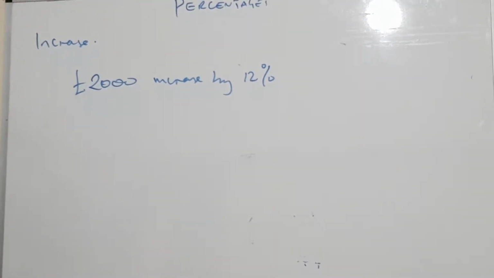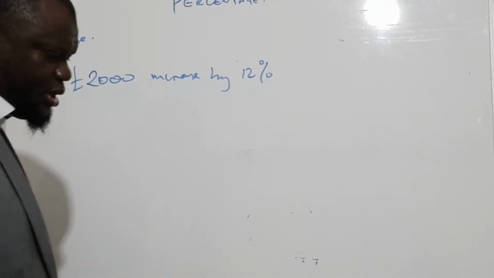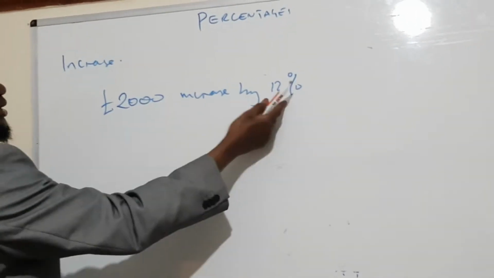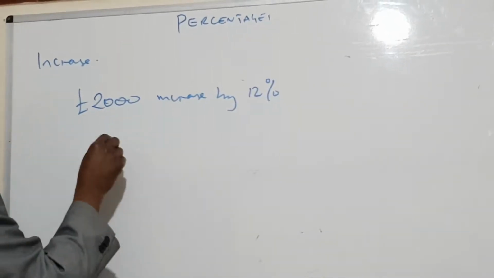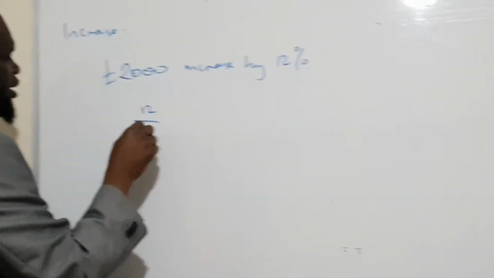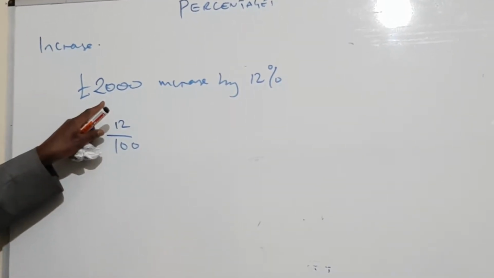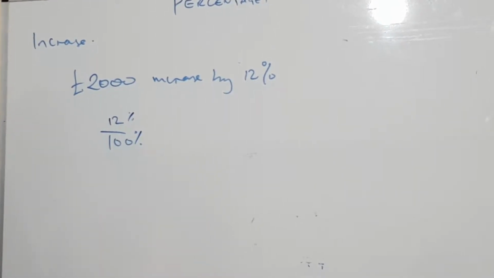Two ways to do this. The common, less smart man will say, okay, let me find 12% of this and increase it. 12%, 12 over 100, because percentage is over 100. We don't say 12 over 2,000. 12 is the percentage, so we divide it by 100.